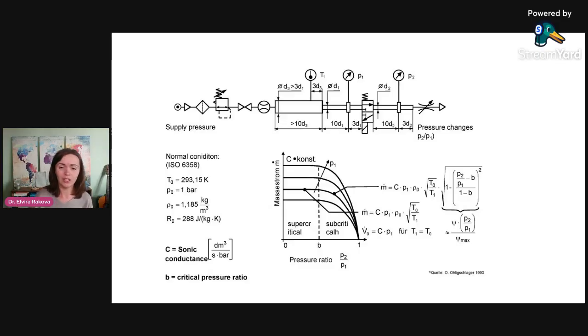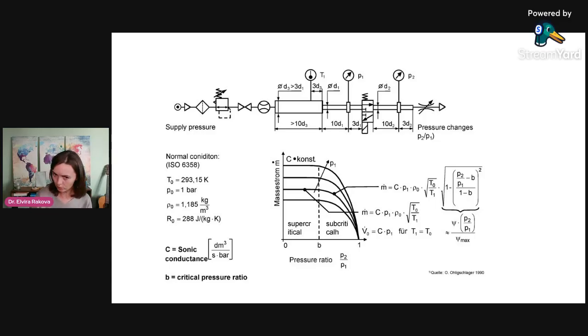And imagine now that you start to decrease the pressure. Before, you have here 5 bar and here 5 bar, so nothing is flowing. Then you start to decrease the pressure here, creating the pressure difference between those two pressures, and then the compressed air starts to flow.